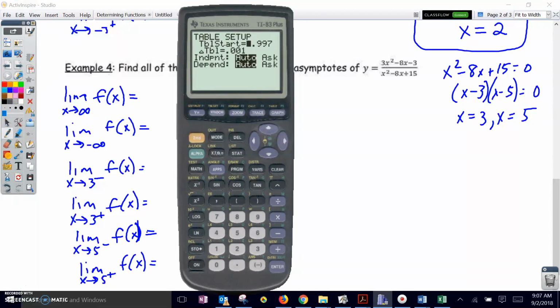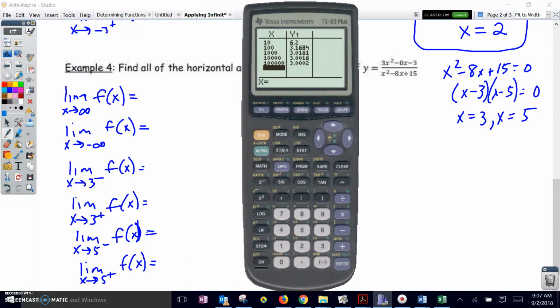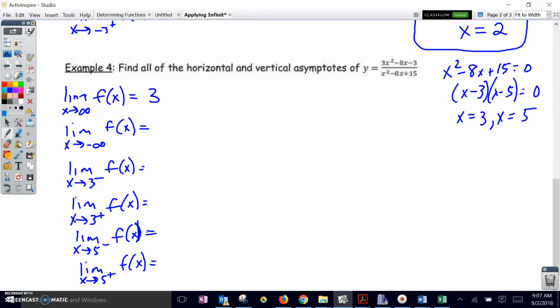So set up my table to ask. Looks like we're approaching 3 as we approach positive infinity.